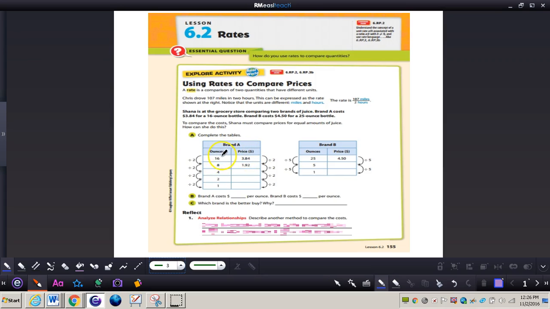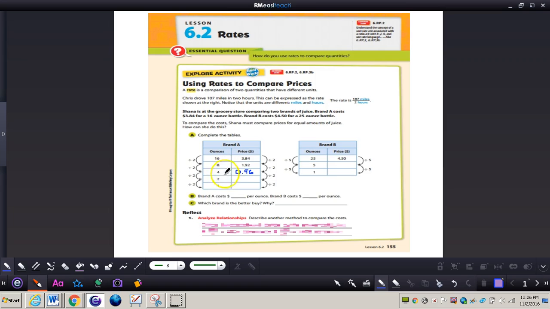So we take 16 divided by 2, that gives us 8. $3.84 divided by 2 gives me $1.92. We take 8, divide that by 2, that gives us 4. And we take that $1.92, divide that by 2, and that gives us 96 cents, 0.96. We take 4, divide that by 2, that gives us 2.